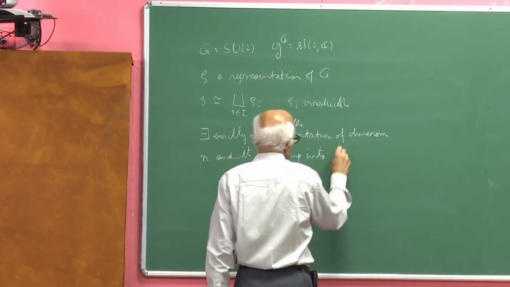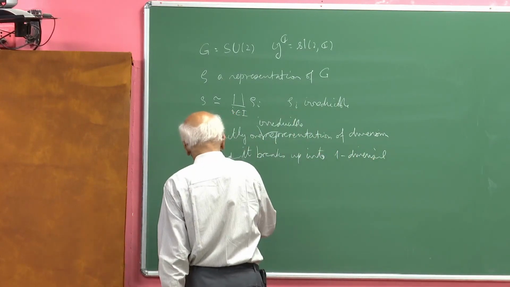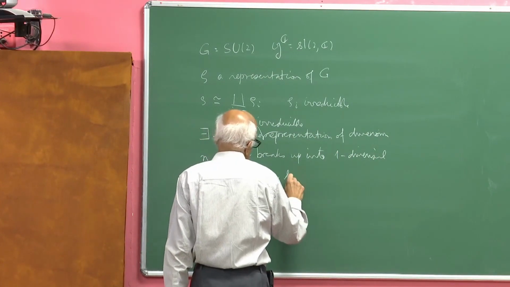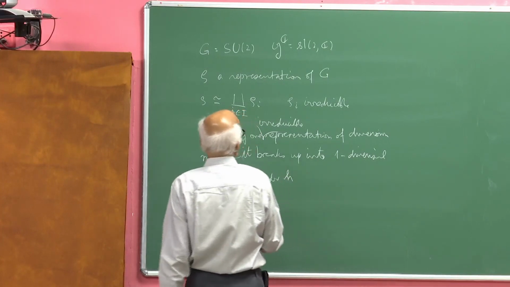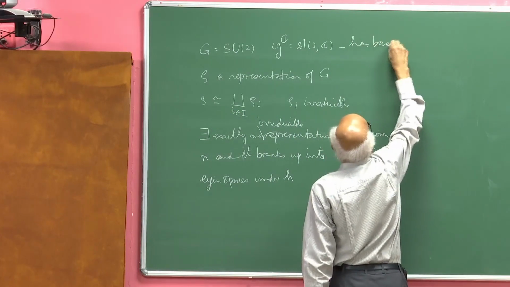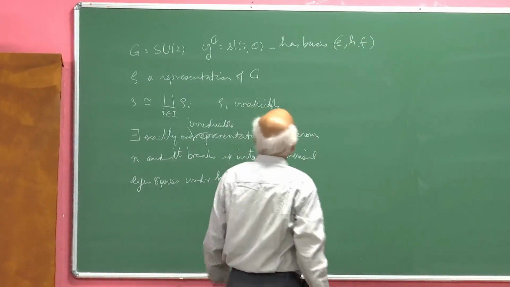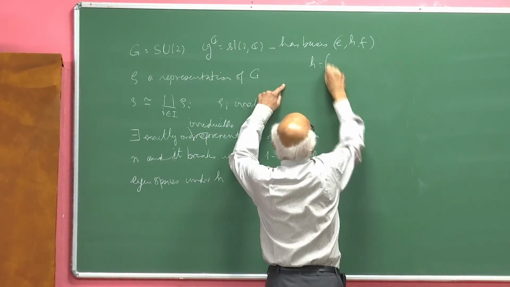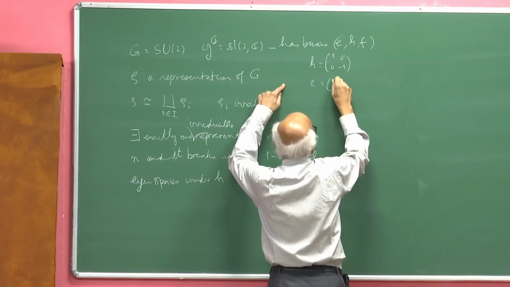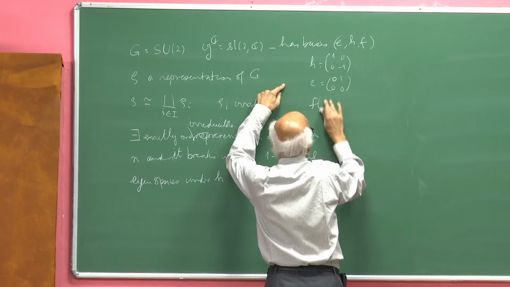It breaks up into one-dimensional eigenspaces under H. Recall that SL2C has a basis which I called E, H, F, H being this element, E being upper triangular nilpotent and F lower triangular nilpotent.